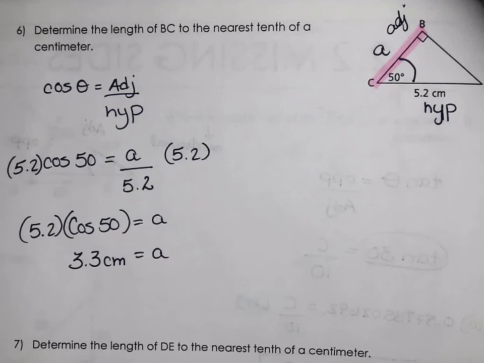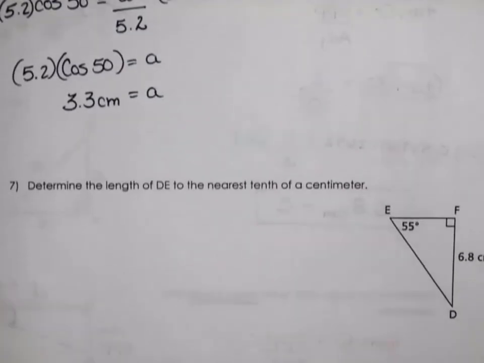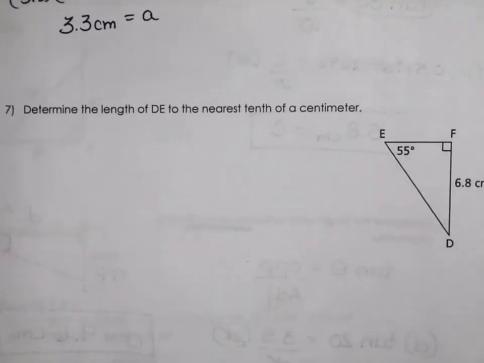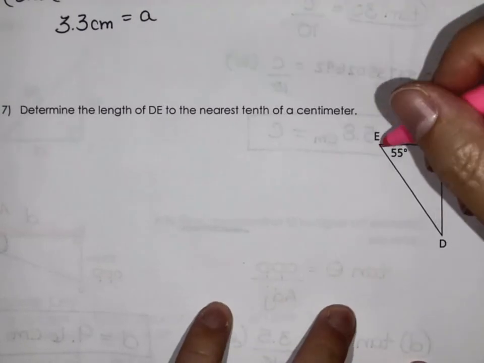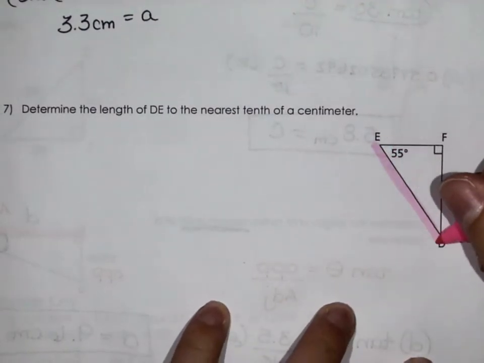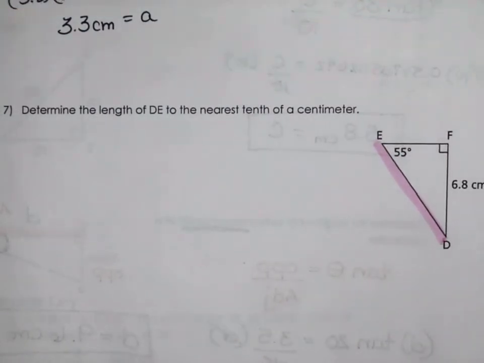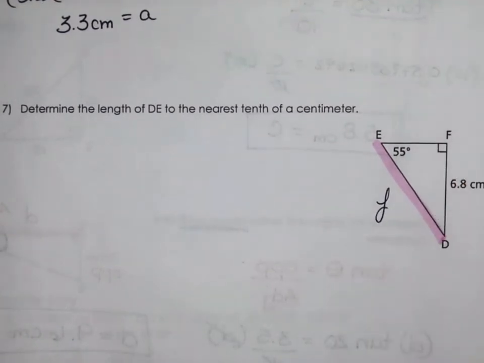Okay, I'm going to unfreeze and show you my answer. 3.3? Yes? Okay, then let's do the last one together fairly quickly so you can jump into your assignment. So the length of DE. For me, that's lowercase f.